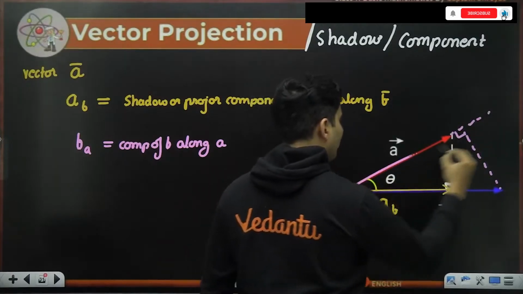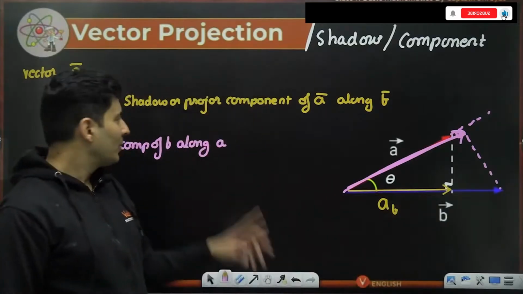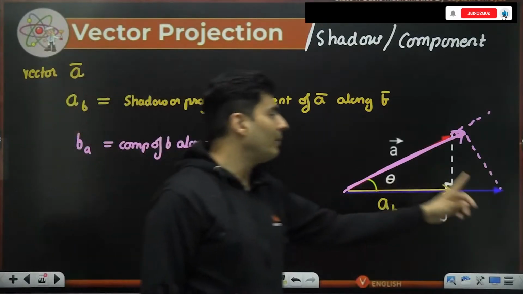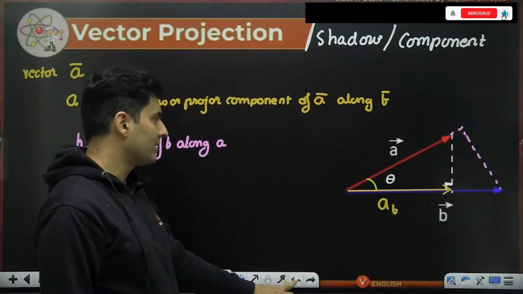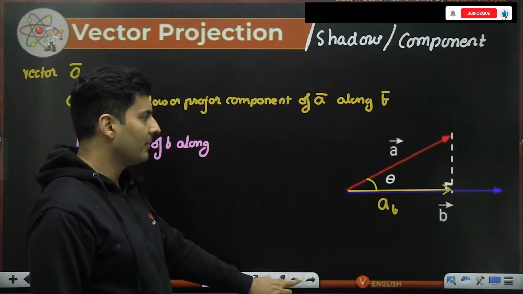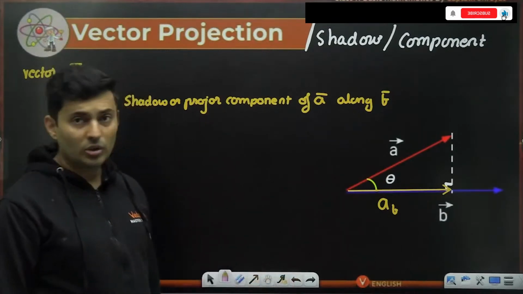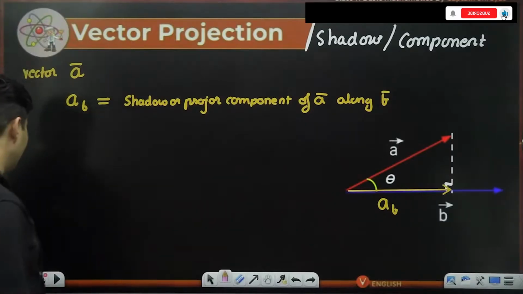So this particular length will be B of A. Whichever line along which you are finding the component, you drop a perpendicular on that. That is what it means. Absolutely clear, everyone? AB and BA are totally two different things. It's not the same magnitude or same direction. They're two completely different things.